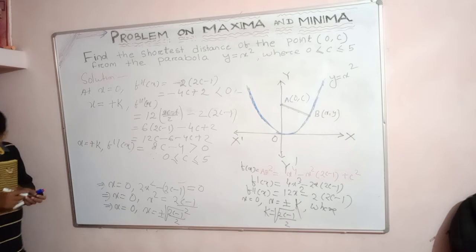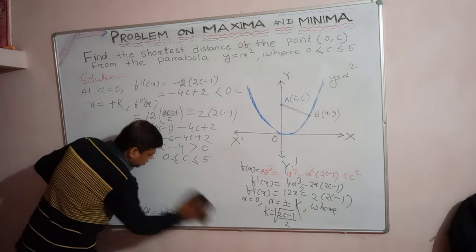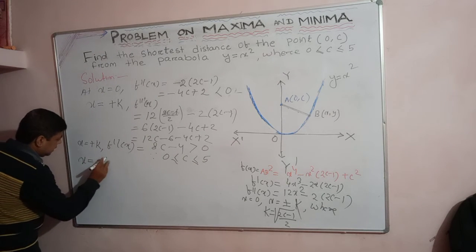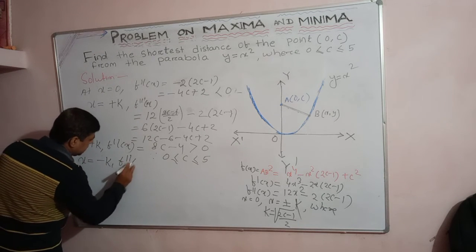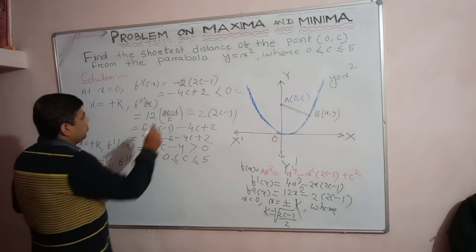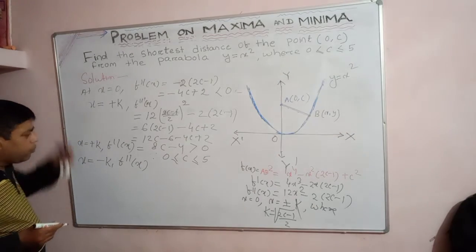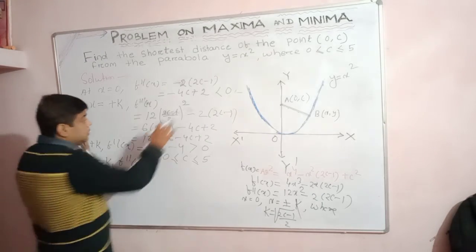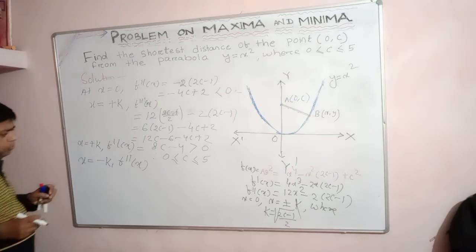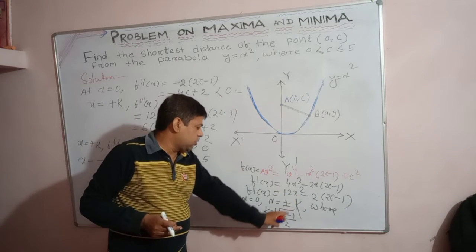So the function attains minima at the point x is equal to plus k. Similarly, when x is equal to minus k, you can clearly see f double dash x is also positive, a similar process, because the power is 2. You see, this is x square, and x square is the value 2c minus 1 by 2.